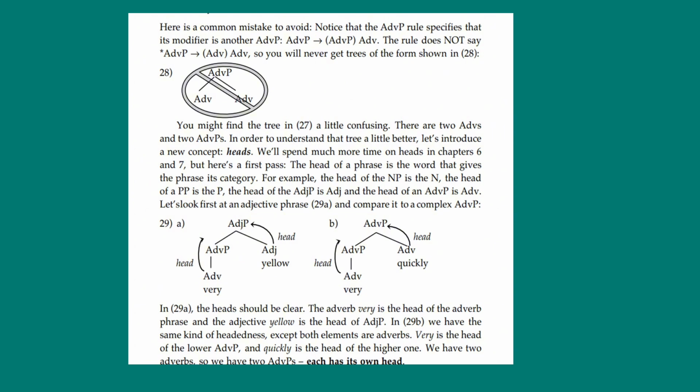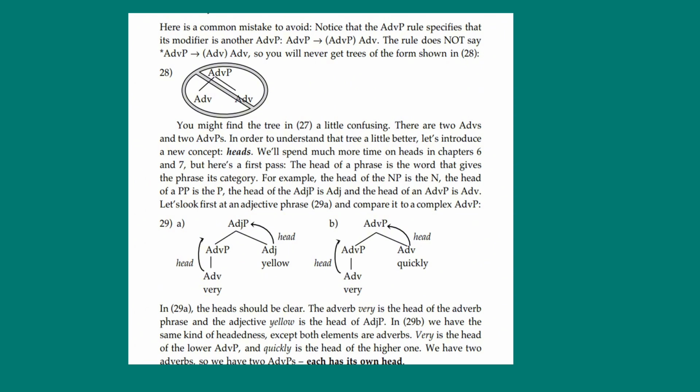For example, the head of the noun phrase is the noun. The head of PP is the P, the head of the adjective phrase is the adjective, and the head of an adverb phrase is the adverb.